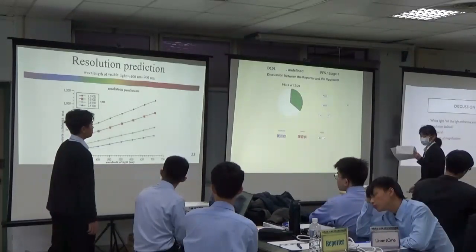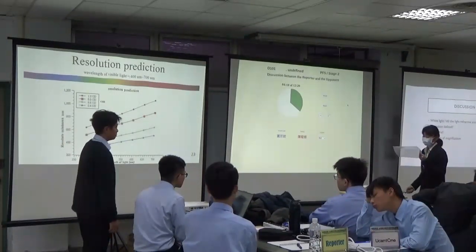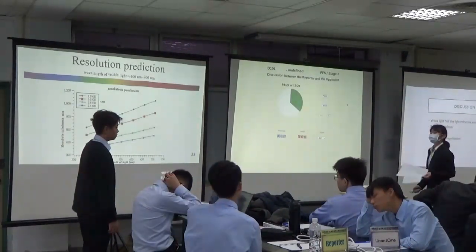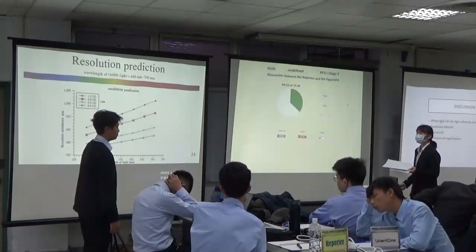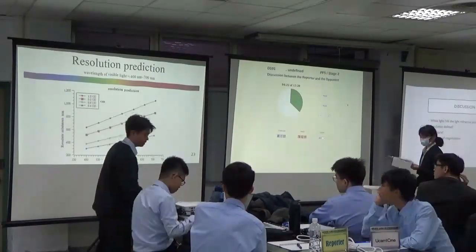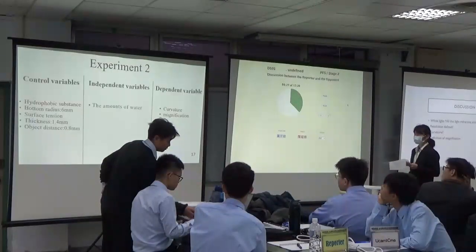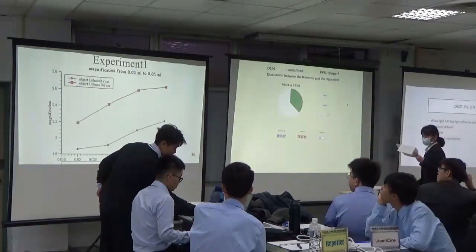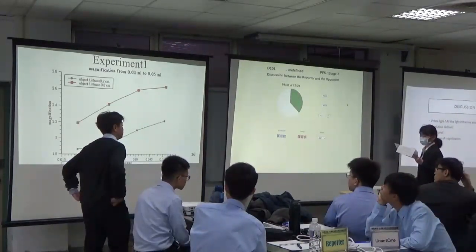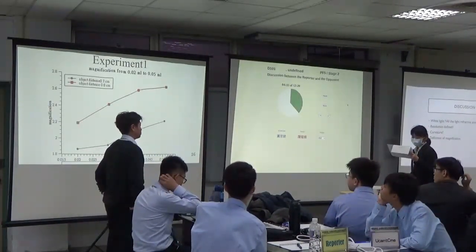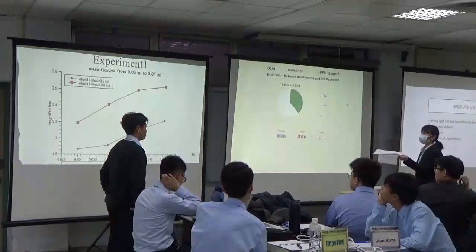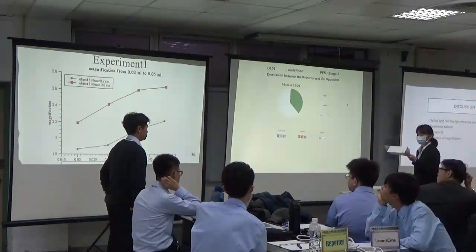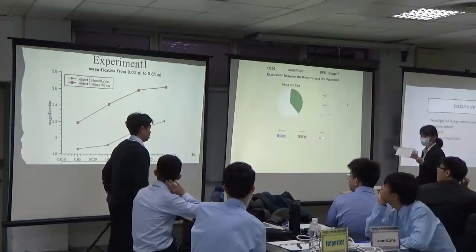Oh, okay, I see. And did you do the magnification experiment? Can you show me that experiment? This one is the magnification. Which magnification do you use? Oh, I see.